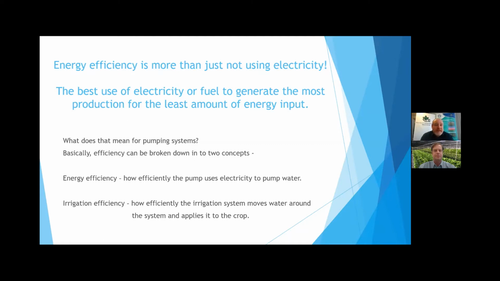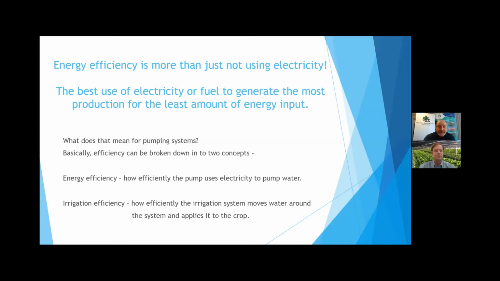Firstly, energy efficiency is more than just not using electricity. You can actually use more electricity and still be energy efficient. Basically, a simple definition is the best use of electricity and fuel to generate the most production for the least amount of energy input. But that can be broken down into two different concepts.